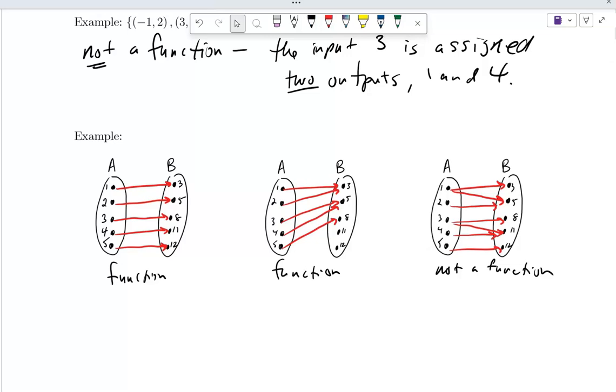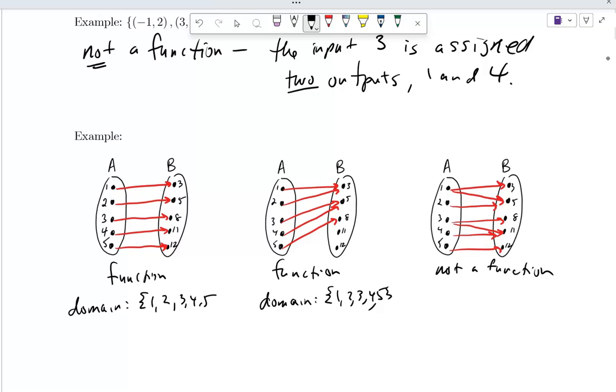Since the first two are functions, can you tell me what the domain of each of them is? Good, yeah, 1, 2, 3, 4, 5. By the way, if you specify domain, that means everything in there can be plugged in.